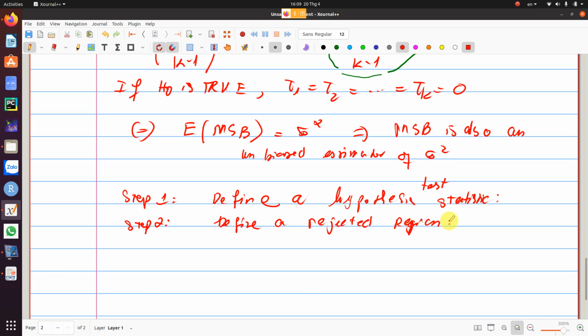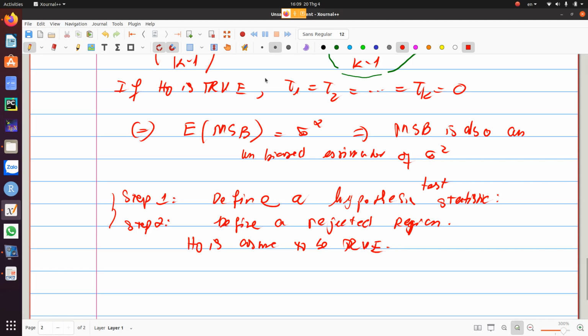Okay, if we are able to answer step 1 and step 2, we are able to answer the question whether we should reject H0 or not. But step 1 and step 2 are based on the fact that H0 is assumed to be true. Now, to answer the question about the test statistic and rejection regions, we need to know when we will reject H0.